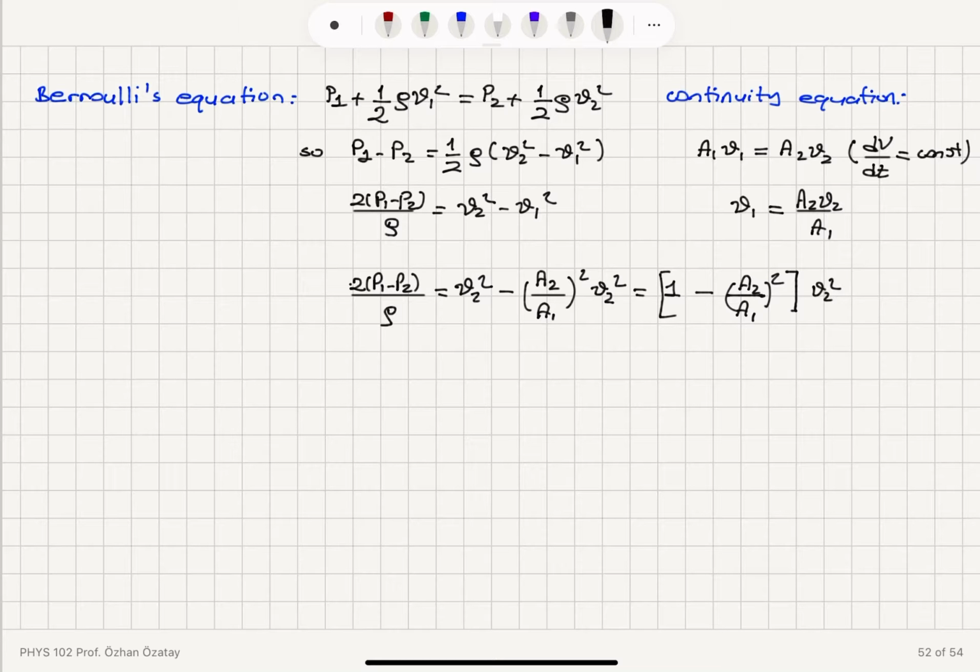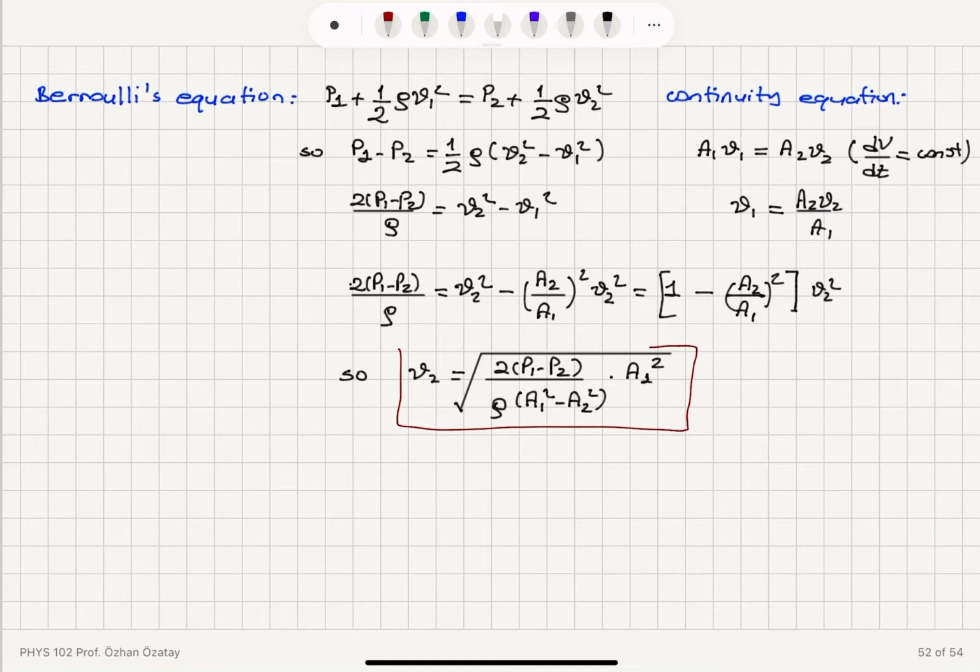So this allows us to write V2 as the square root of 2(P1 minus P2) divided by rho (A1 squared minus A2 squared), multiplied by A1 squared. Alright, so this is our final answer for V2.